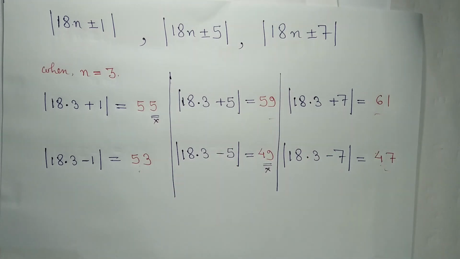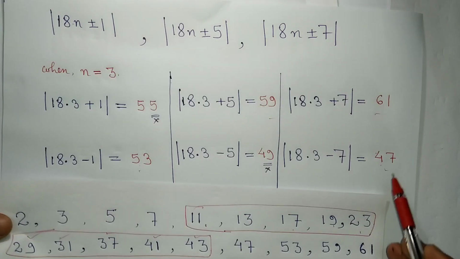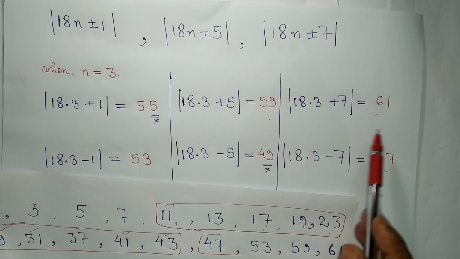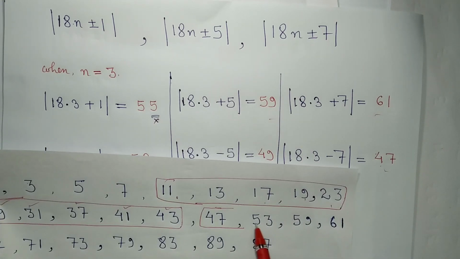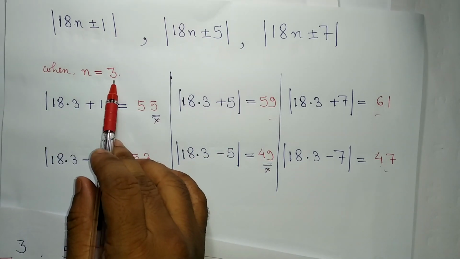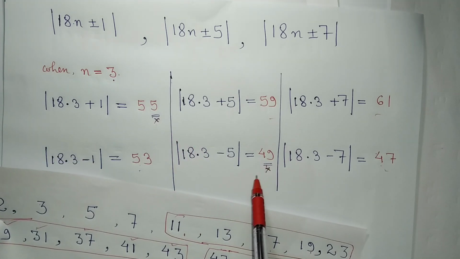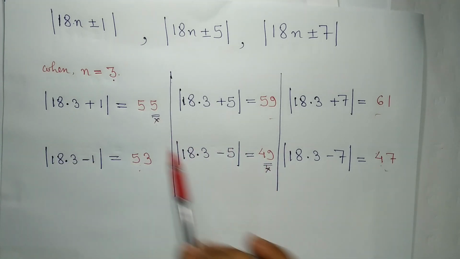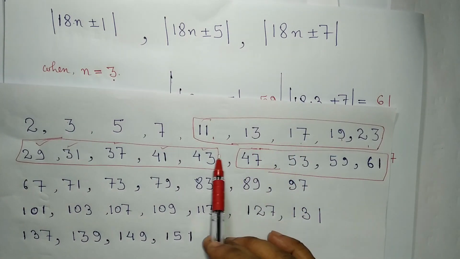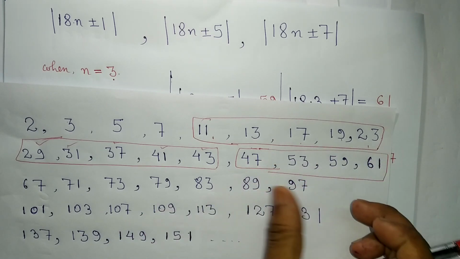Now let's match with the chart of prime numbers. We can see here 47 to 61. All prime numbers are covered when n equals 3. Only a few are composite. The number of composites is very low, but the main point here is that the chance of prime numbers through this is very high.